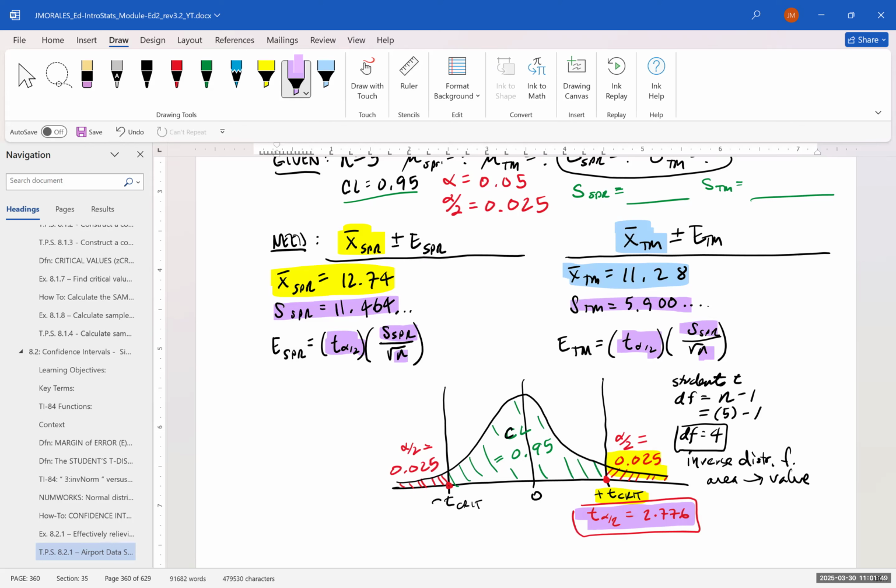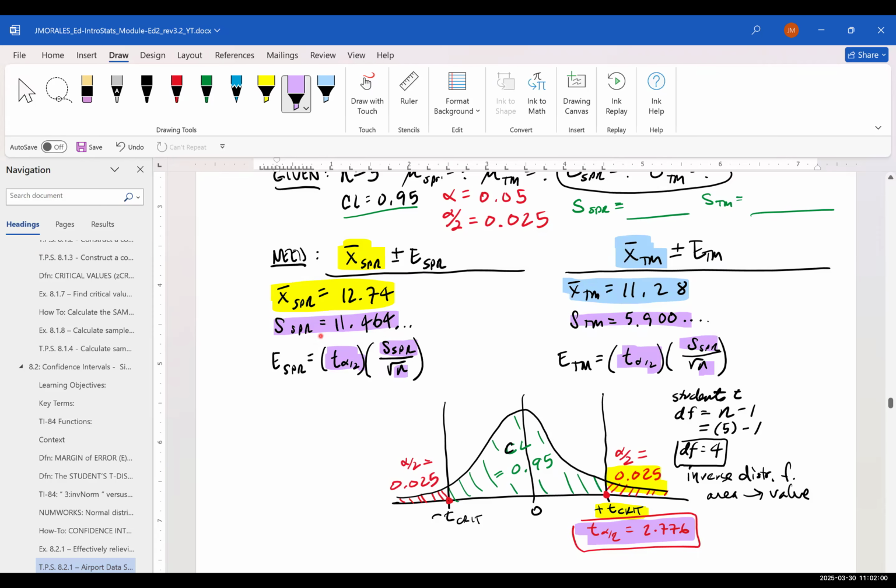I want to use the fully accurate versions of each of these numbers. I'm already prepared to do that with the Texas Instruments calculator, and I'll calculate the error for both of these.